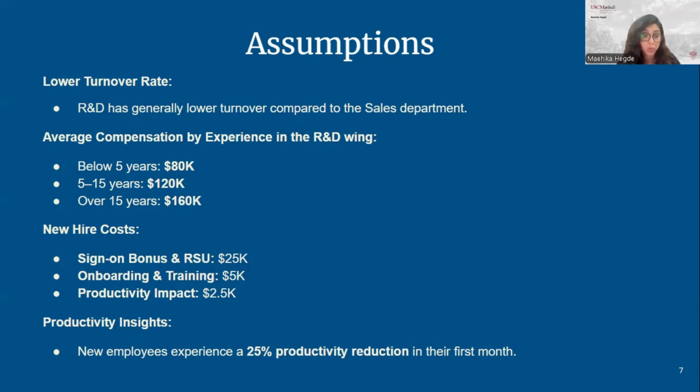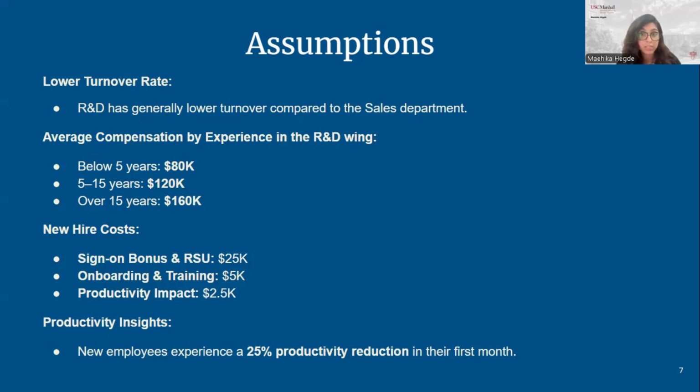We also assumed a couple of elements for new hire costs: sign-on bonus and RSU being $25,000, onboarding and training being $5,000, and productivity impact being $2,500. Now, for productivity impact, each new hire experiences a 25% drop in productivity during their first month on the job. So this reduced output translates to a cost of about $2,500 per new hire.